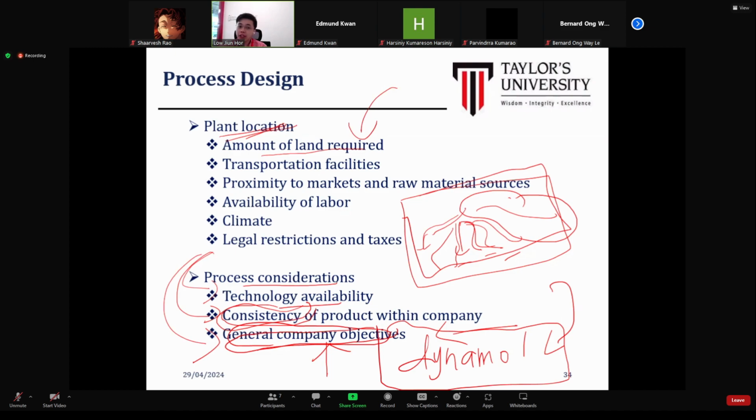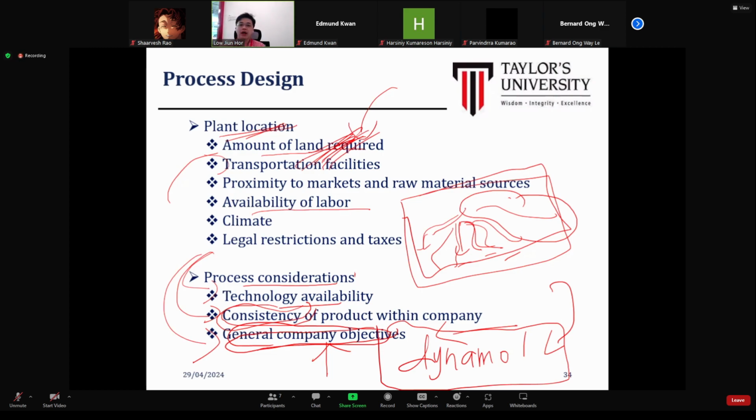And also, how about the transportation, the facility? So later when you produce a product, how are you going to send it to the market? So you need to consider the transportation. And also, is there any manpower nearby the location that you are going to construct a chemical plant? If no, then later you need to try to get them to assist and support you in order to operate the plant.